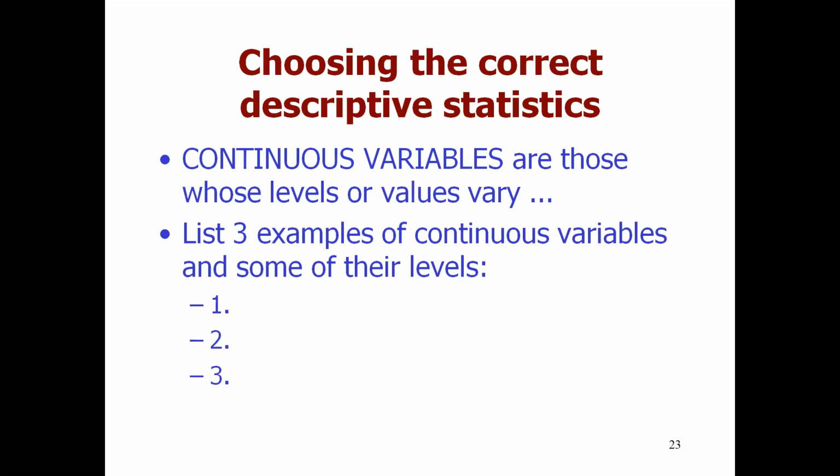Weight, yeah, perfect. Income, yes, good job, guys. Perfect. Easy questions. Fantastic. Now, easy but important, because without the knowledge of these variables and their levels and their types, you cannot understand statistics.